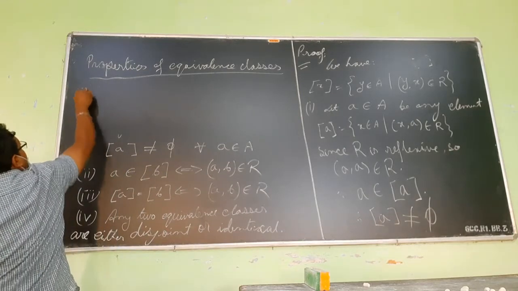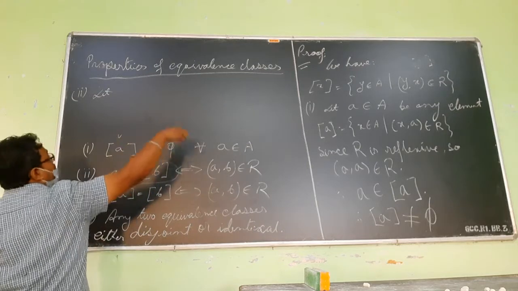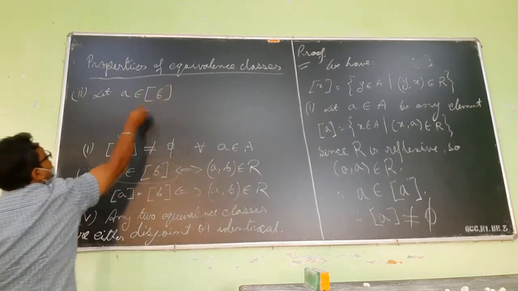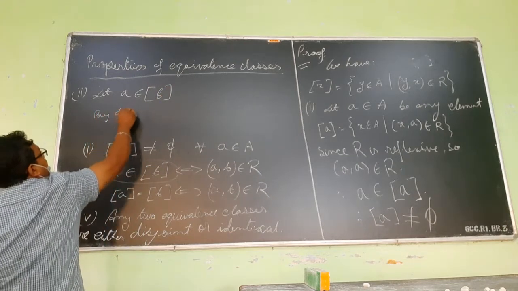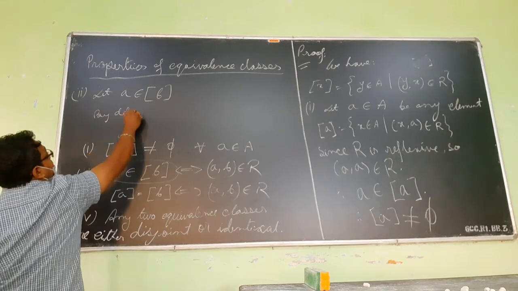Number two. Let us start with this. This is obvious. Let a belong to the equivalence class of b. Then by definition, the equivalence class of b consists of those related to b.